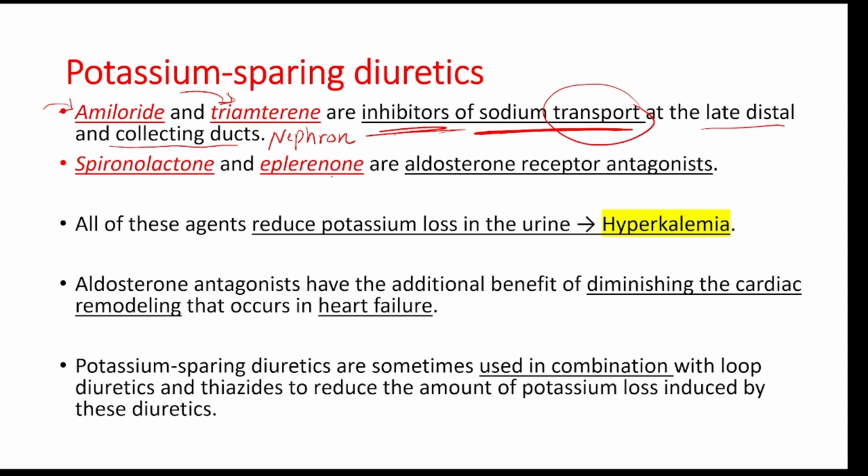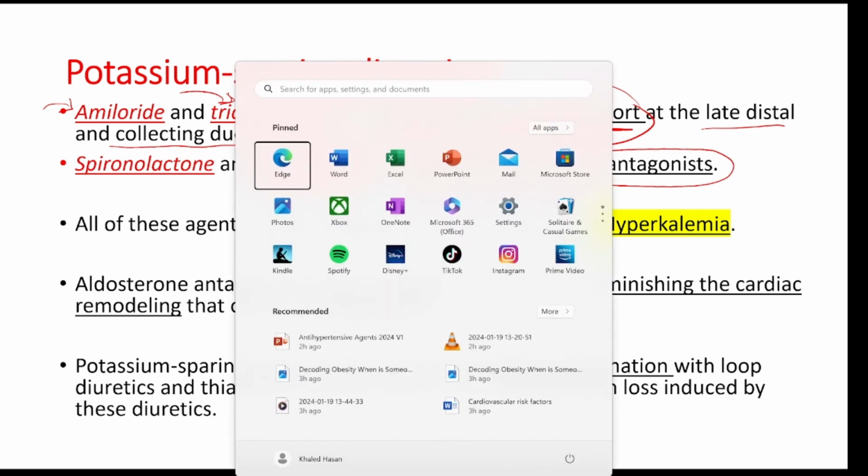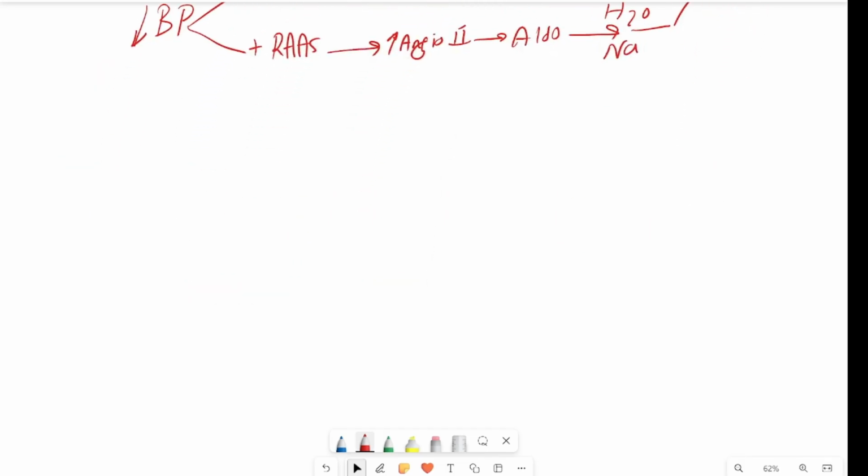What about spironolactone and eplerenone? Spironolactone and eplerenone are considered aldosterone antagonists. This is an important thing here.